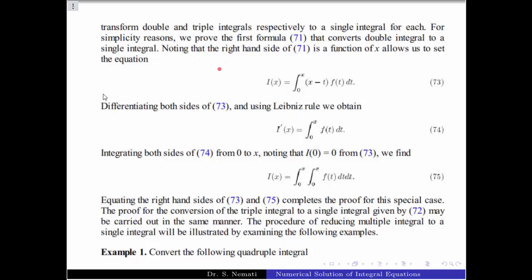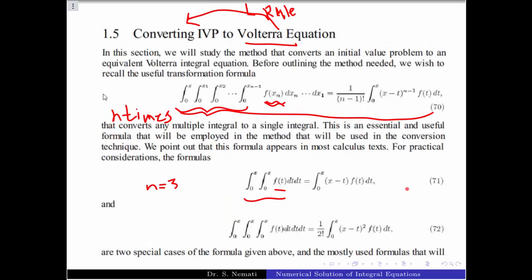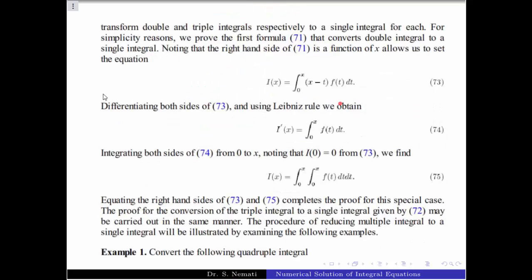There is a note that says the right hand side of formula 71, the double integral of the function f. If you remember, if we set it I of x, by taking derivative of this function using Leibniz rule, we get the integral of f from 0 to x.